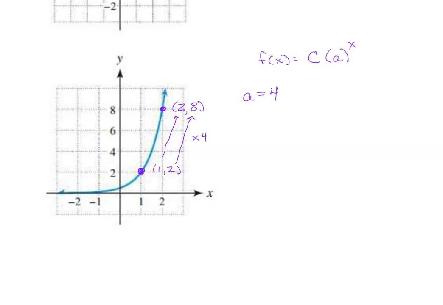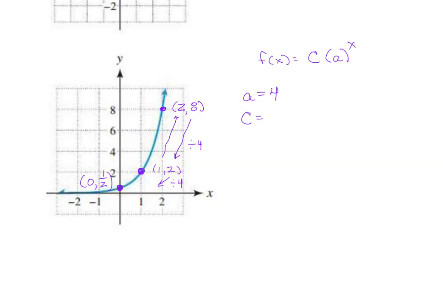And what we can do is, instead of going from 2 to 8, let's go backwards now. And so if we want to go from 8 to 2, we want to divide by 4. And so in order to get to my y-intercept, I want to divide by 4. Now if we divide 2 by 4, we should get 1/2.